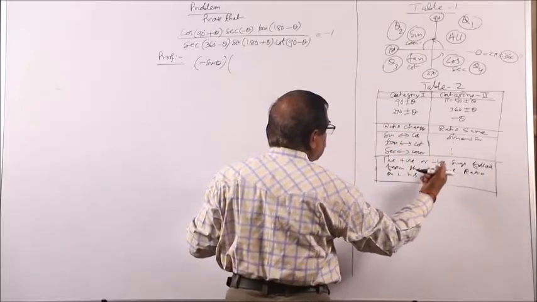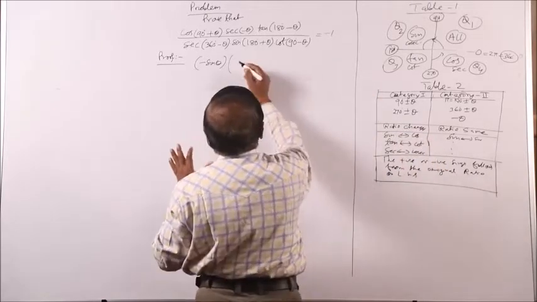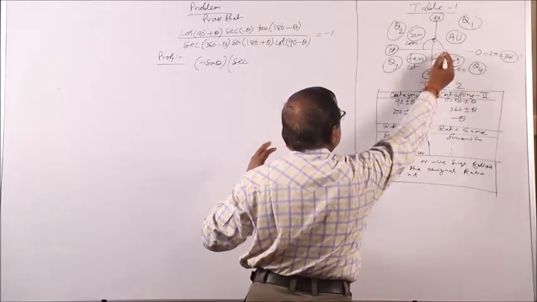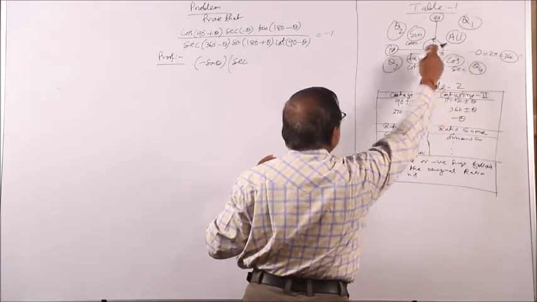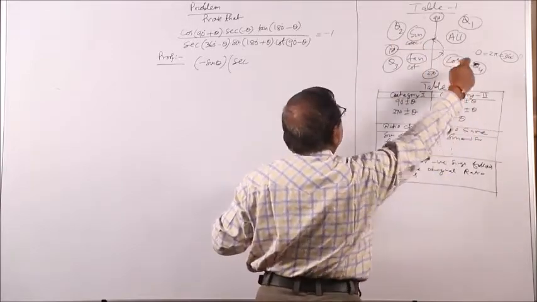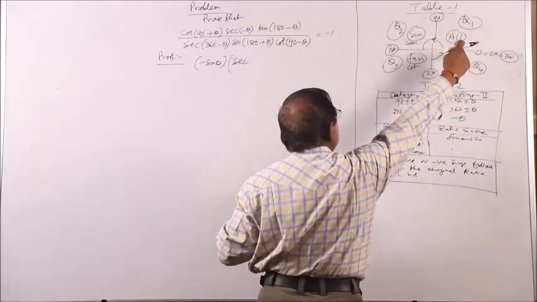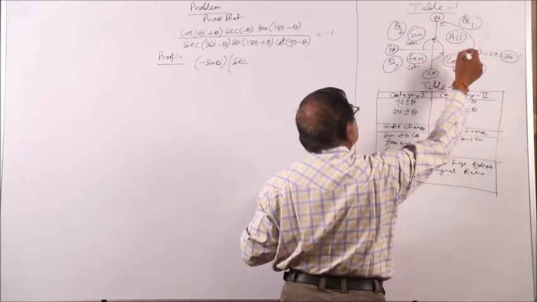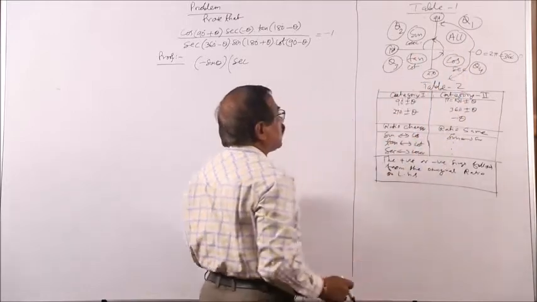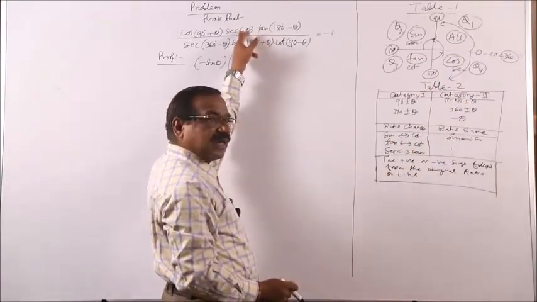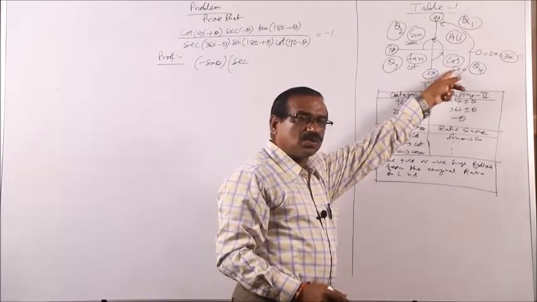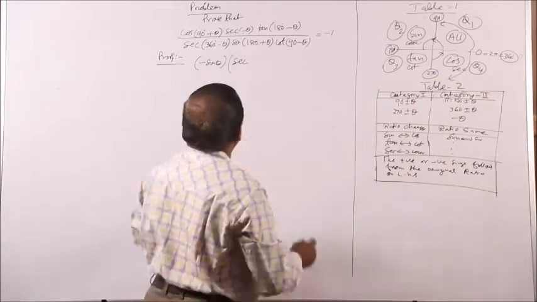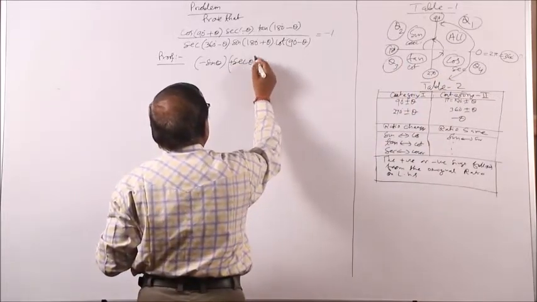Sec(minus theta): the ratio remains the same, sec becomes sec. Minus theta is in this direction, plus theta is in this direction. If you move like this it is the positive direction, if you move like this it is the negative direction. So we are talking of minus theta, this comes in the fourth quadrant. Here cos is positive, so sec is positive. So you get the positive sign: sec theta, right.